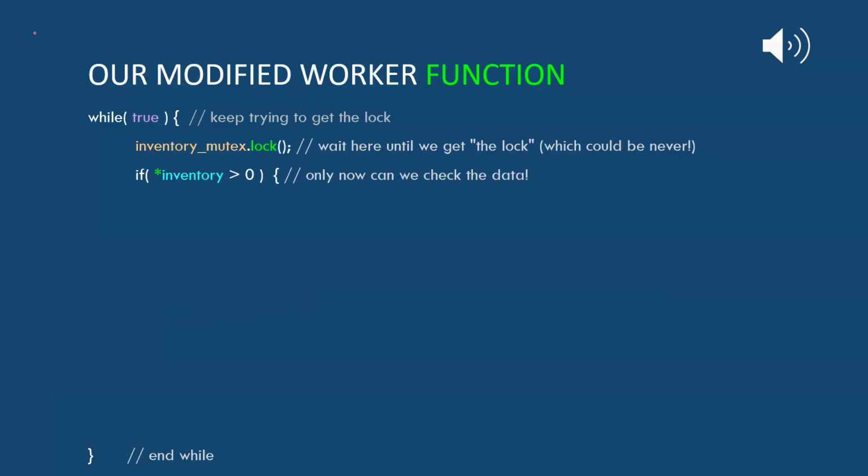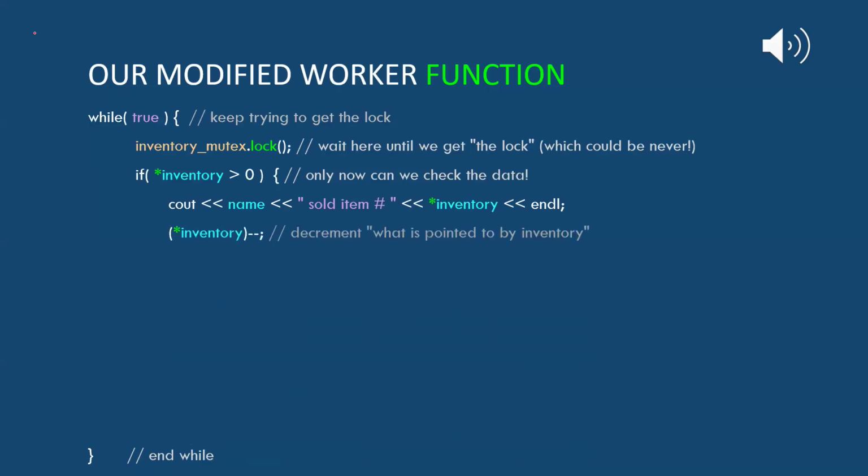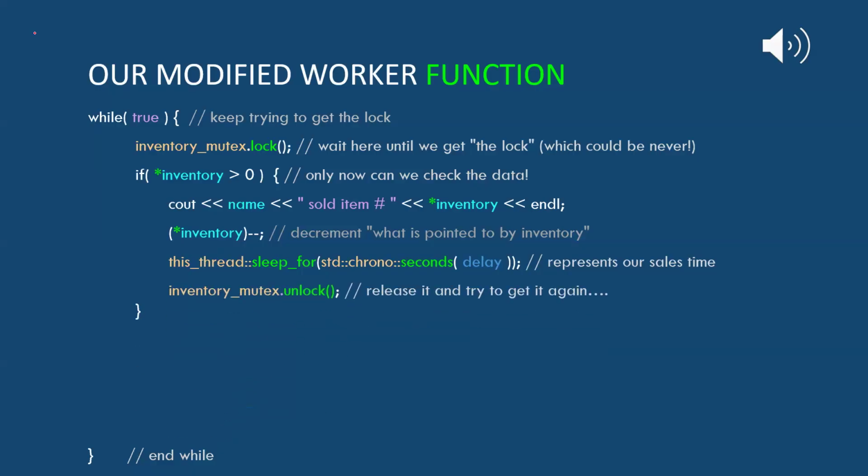But if I do get to go forward, then I can check the inventory and say, I am selling this particular item. I'm decrementing the inventory. I'm going to sleep for a second, which is going to cause everybody else to keep sleeping as well. And then I'm going to unlock the mutex.